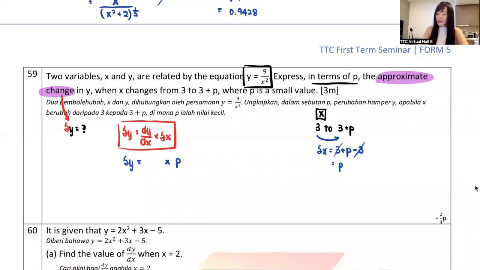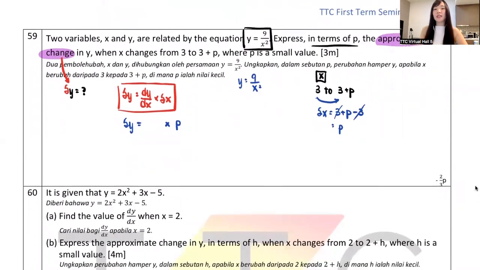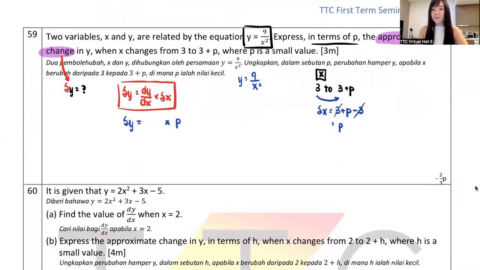Then how do I get dy dx? I already have the y equation. I just differentiate this, and I should be able to get dy dx. How do I differentiate this? Remember, to differentiate, your x must be on top. So you bring it up. After you bring it up, only then can you start to differentiate it. Remember, it's just like the second question of the day, we did it.